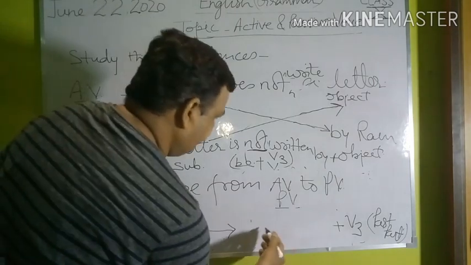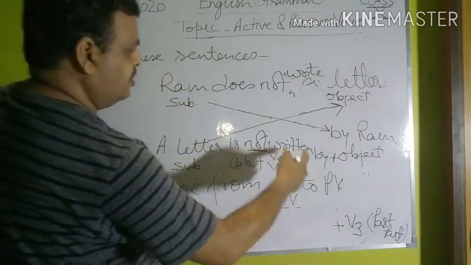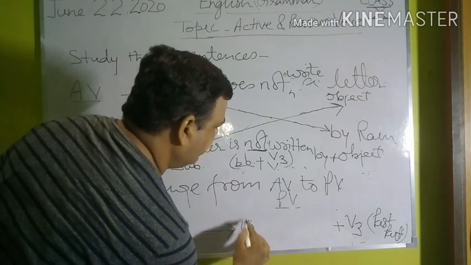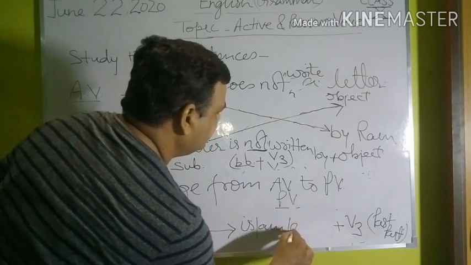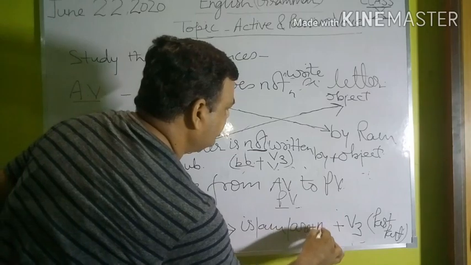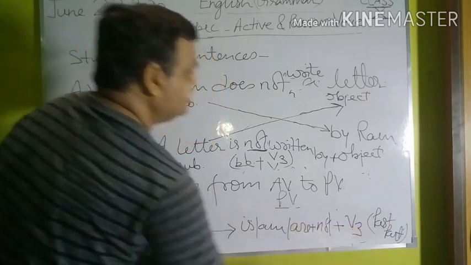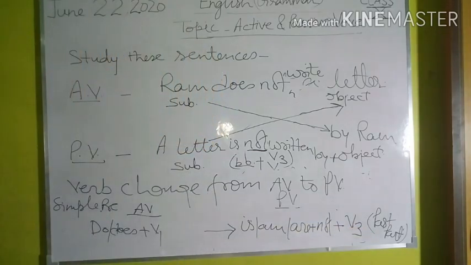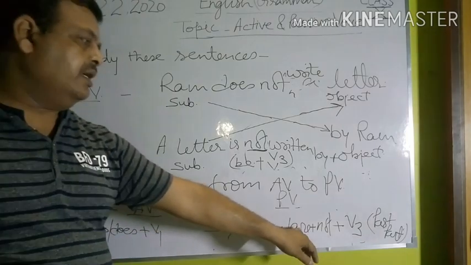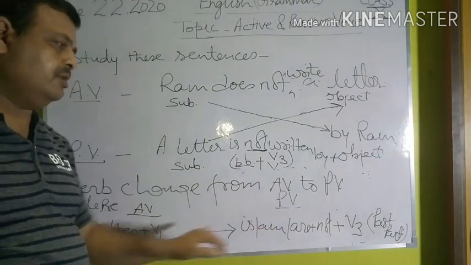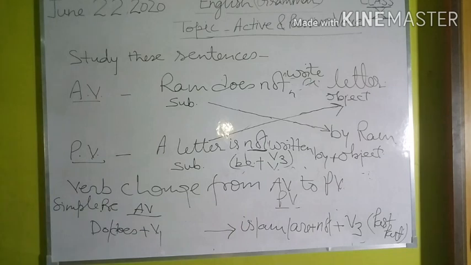And in the passive voice, as you can see here, is not written, which means is, am, are followed by not, and then the third form of the verb. You can very easily understand this: is, am, are, you have the choice. Whatever is the requirement of the subject, you have to use in passive voice.